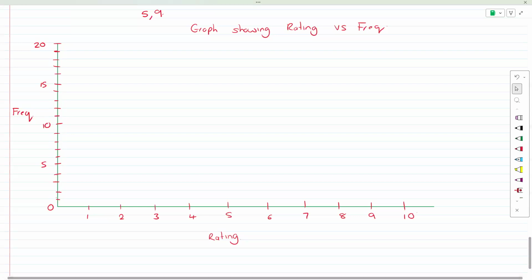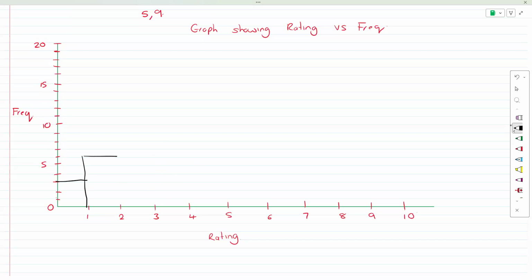We're going to go with 1. For 1, the rating is 3. So that will be our frequency. Let's try and take another color. Or let's take just black. That's our frequency for 1. For 2, it would go up to 6. Let's go there. All right, guys, please use a ruler.